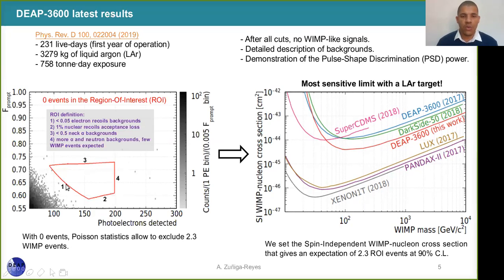And after that, we set an upper limit that is shown in the right plot, the solid red line. What this curve means is that we rule out all the region above this curve. This is the most sensitive limit with liquid argon to date.